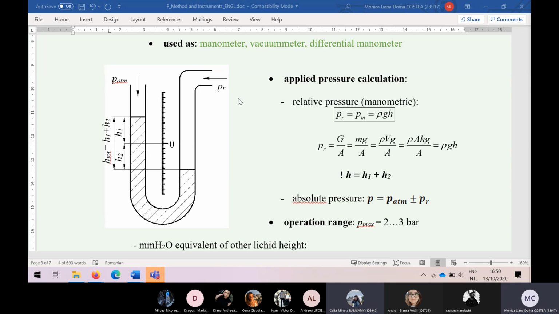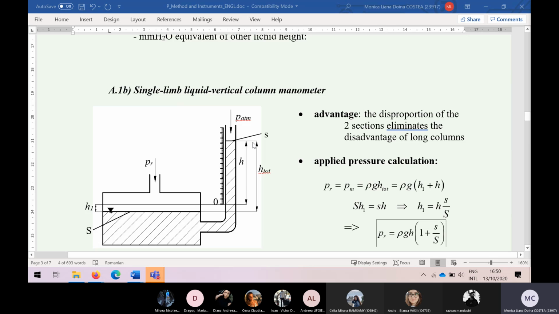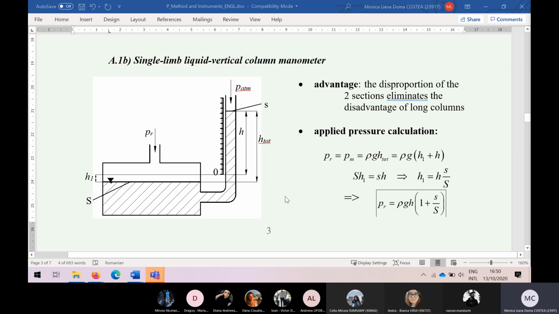Yes, you change the two pressures, the relative pressure here and the atmospheric pressure here. And then it is the same deformation of the column because the atmospheric pressure is higher than the vacuumetric one. Excellent. Now, going back to the other apparatus, what's happening here?